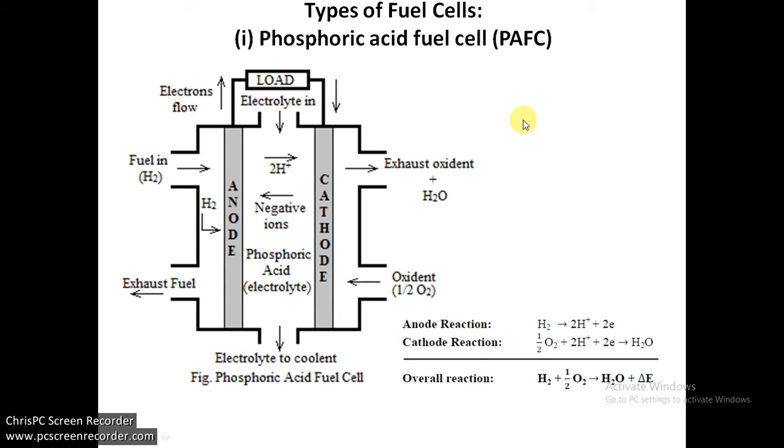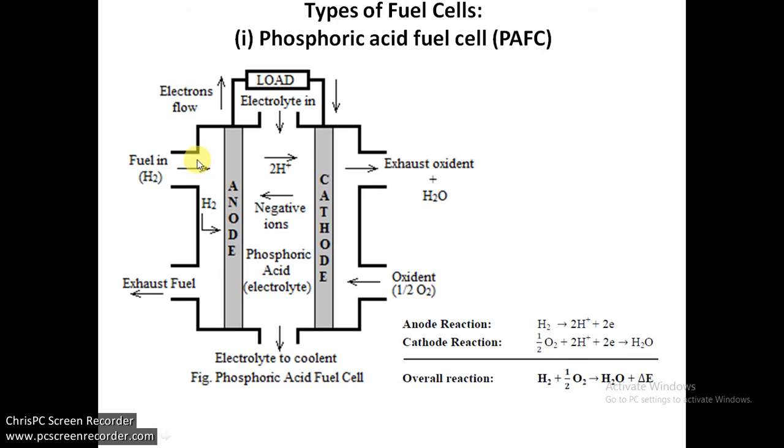As in this case, the name of this type of cell is phosphoric acid fuel cell, in which phosphoric acid is used as an electrolyte. Here you can see it in between the electrodes. So working is very simple here. What happens when hydrogen is used as a fuel?